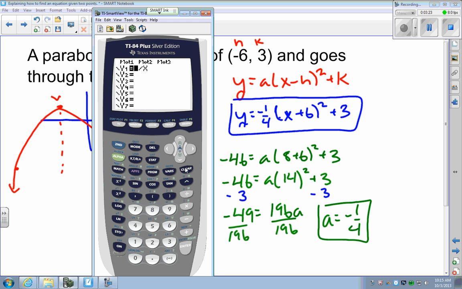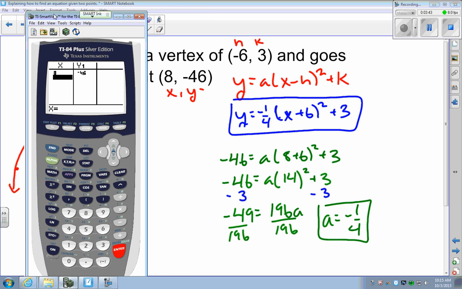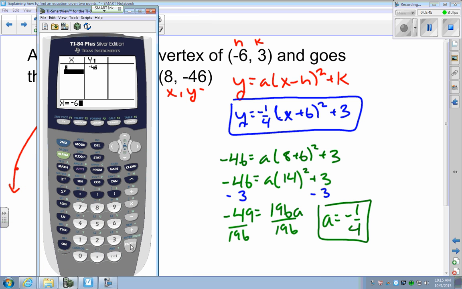Y equals negative 1/4 (x plus 6) squared plus 3. Go to your table. When you plug in an 8, you get negative 46. When you plug in a negative 6, you get 3. So that looks good.